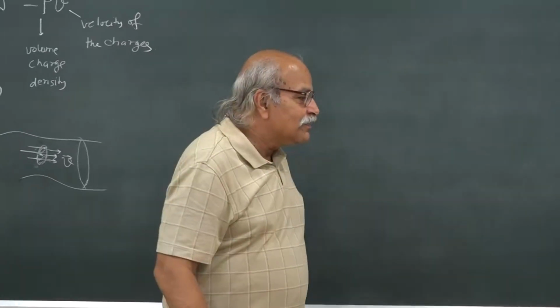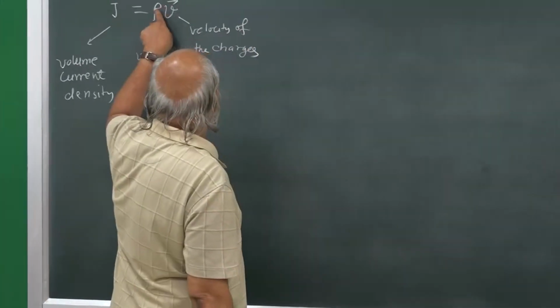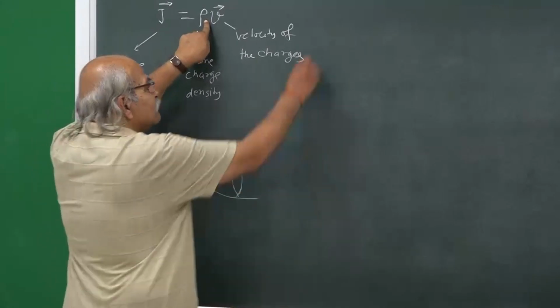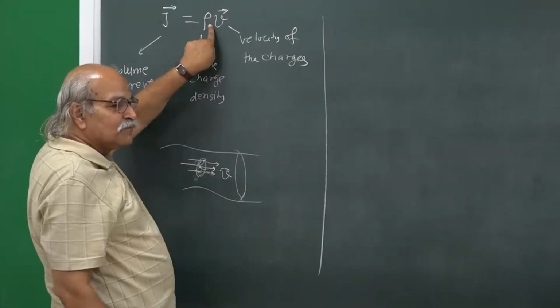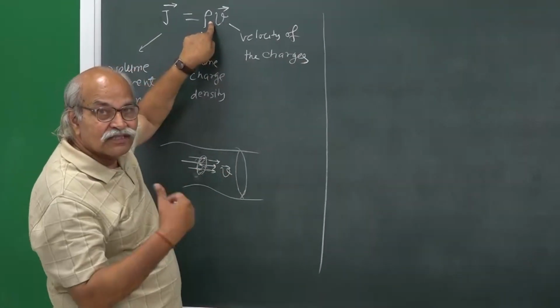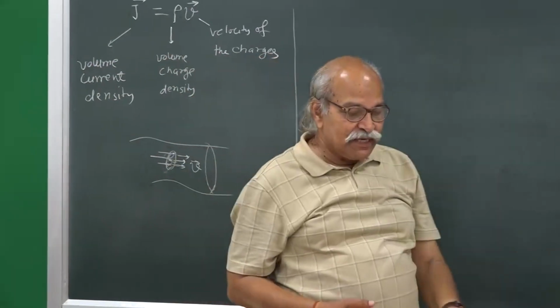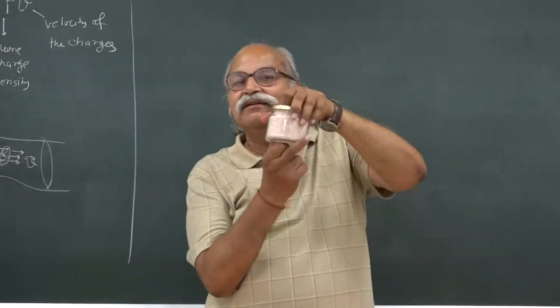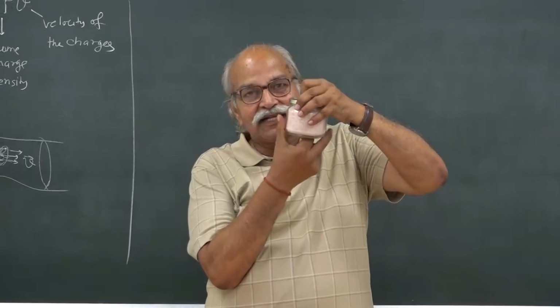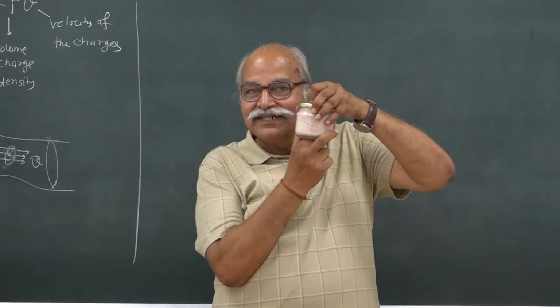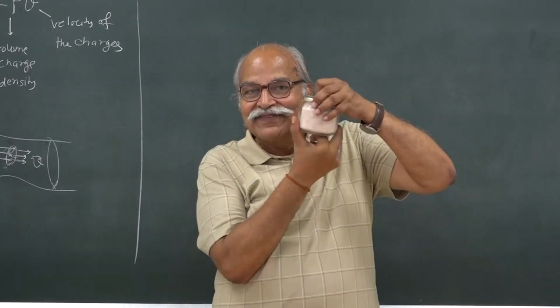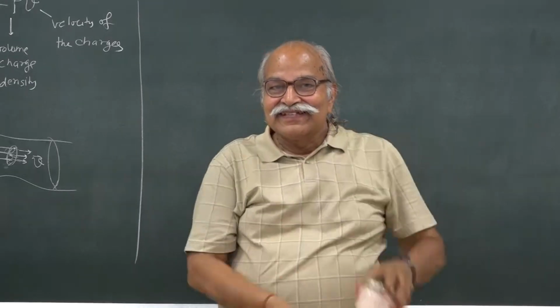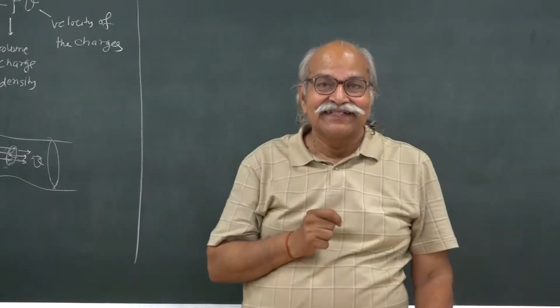So, how do I get this v? The rho I have charged it, I know how much is rho, and omega I know. If it is making one rotation in say 0.2 seconds, then I know how much angle it is rotating per second, and so omega I know. What is the velocity?